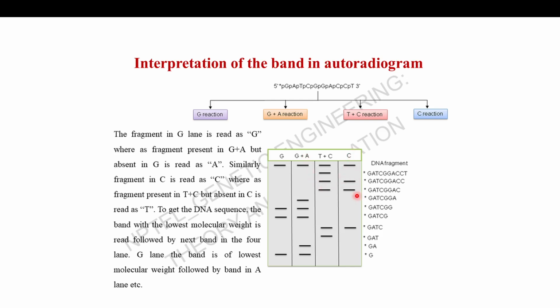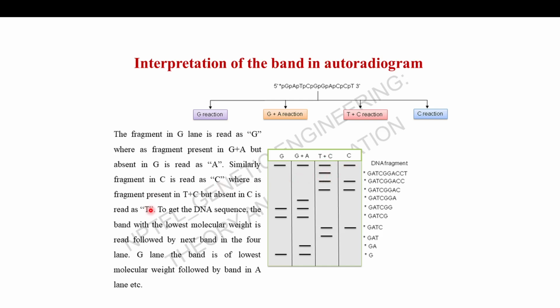Similarly, if something is present in the C lane as well as in the T plus C lane, it is C, but if something is present in the T plus C lane but not in the C lane, this one will be read as T.